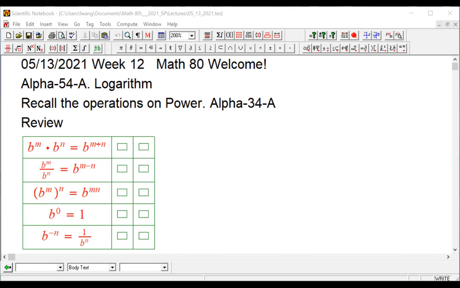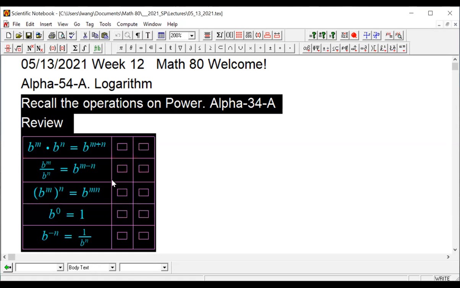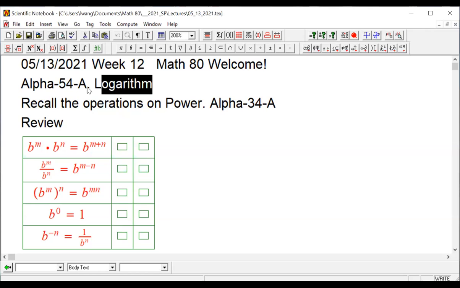So now when we look at these properties, I'm going to make a connection between what we learned here and logarithm.